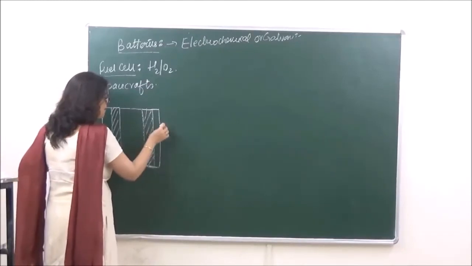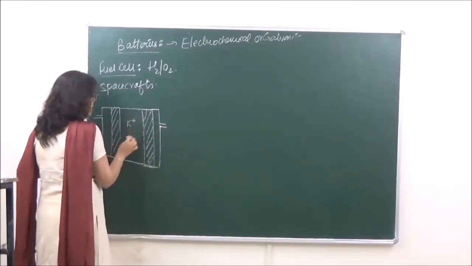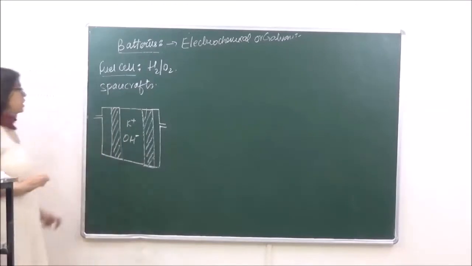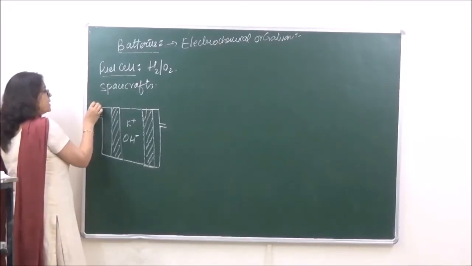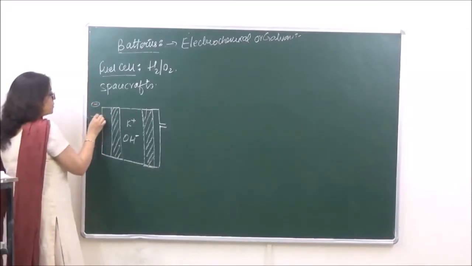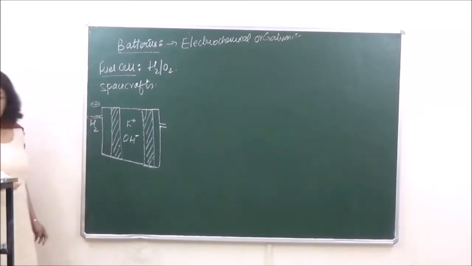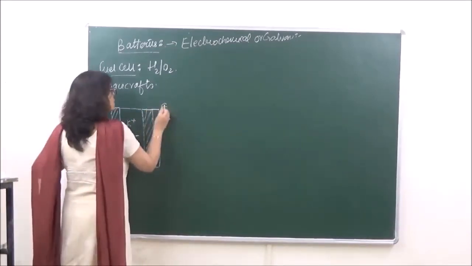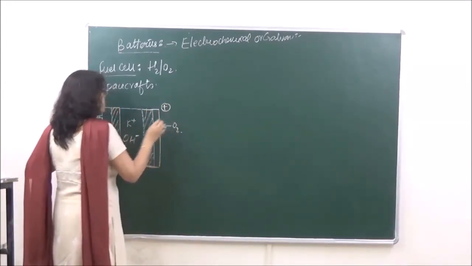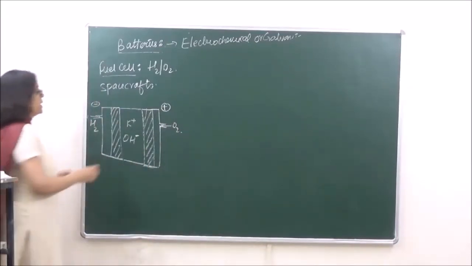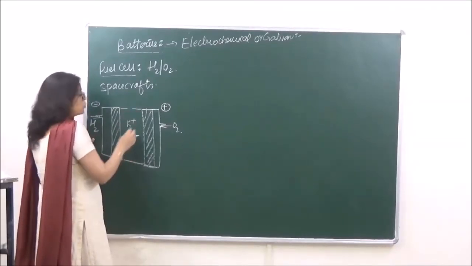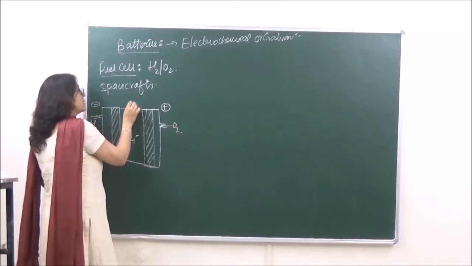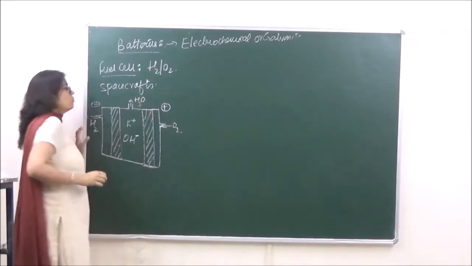These are the porous carbon electrodes, and over here we are taking the electrolyte which is KOH. Let's say this is the anode. The anode is negatively charged, and from the side of the anode we are supplying hydrogen, and this is the cathode which is positively charged, and we are continuously supplying oxygen. Because of this, a certain reaction takes place over here, and a lot of water gets accumulated. This water can be removed from this outlet.